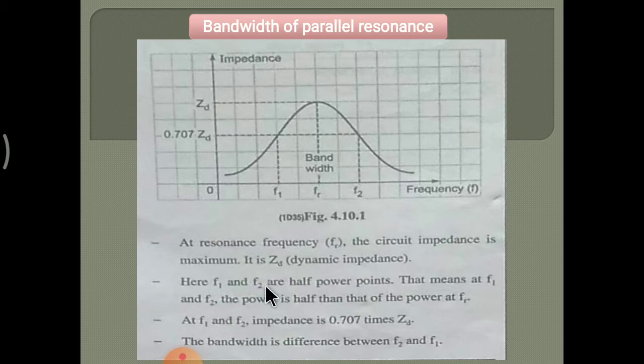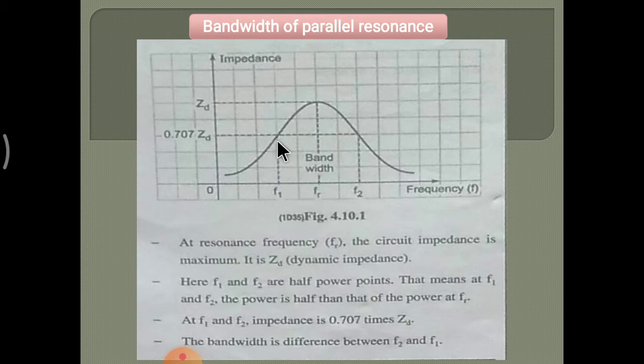Hence f1 and f2 are the half power points. That means at f1 and f2 the power is half of the power at fr.